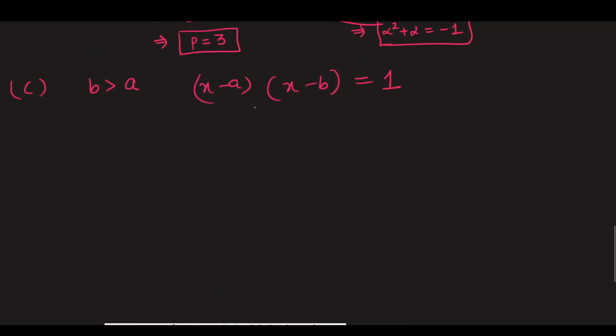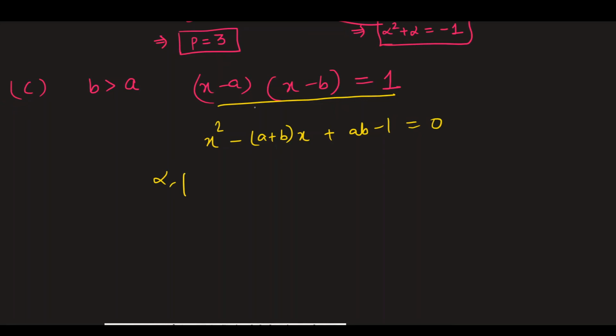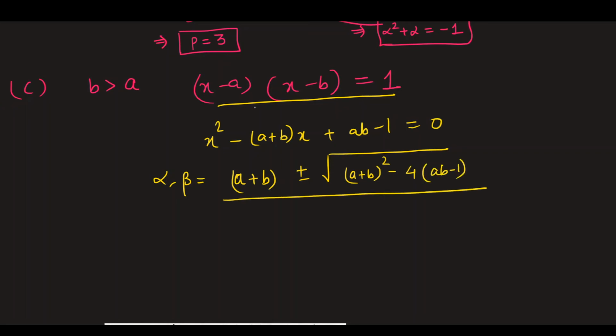Okay, so this is the question. Now just look at this. First of all, we will be opening this equation. So it will be x square minus (A plus B) x plus (AB minus 1). If I write alpha and beta, then alpha comma beta would be (A plus B) plus minus root of (A plus B) whole square minus 4 into (AB minus 1), upon 2.